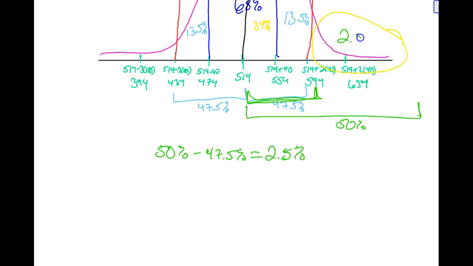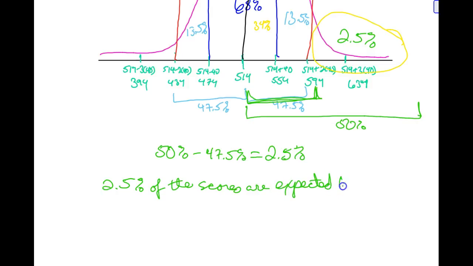So this area is 2.5%. So we expect 2.5% of the scores are expected to be above 594.